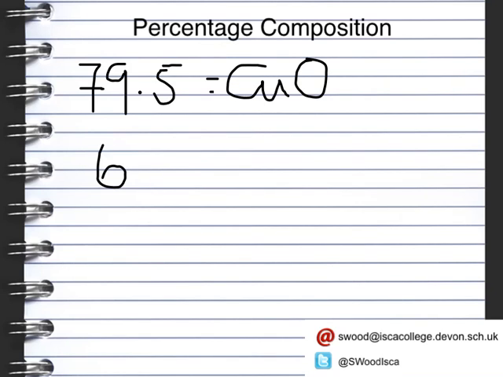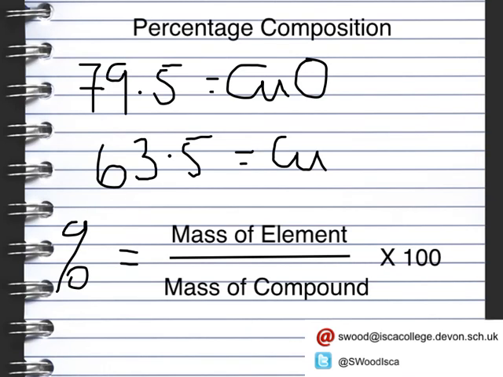Now the molar mass of copper is 63. Now very simply, to work out the percentage composition, we have the mass of the element divided by the mass of the compound, and we multiply that by 100.